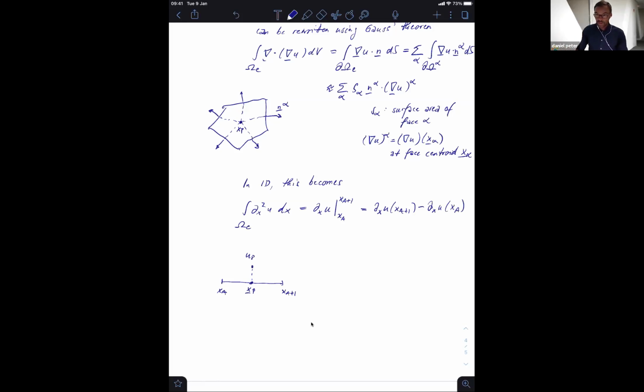So how do we find these gradients? Well, we use the gradient scheme, if we know what the neighbors are. So let's assume we have a neighbor point, let's call it xp plus 1, and a neighbor centroid point xp minus 1.